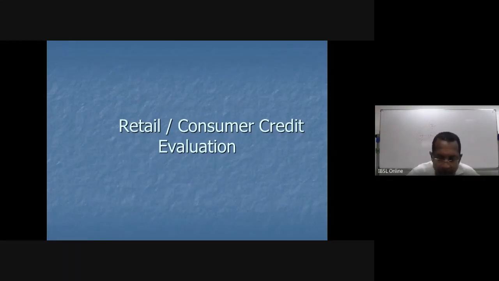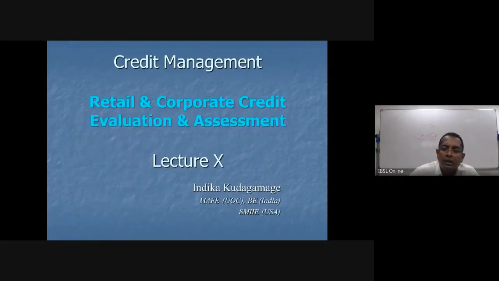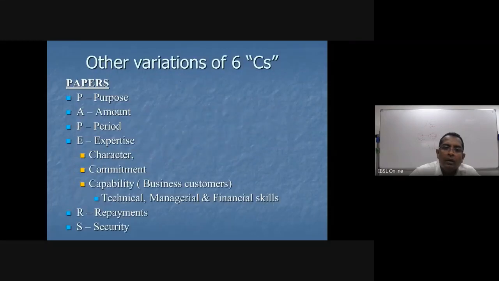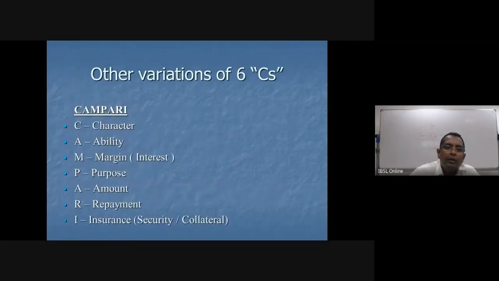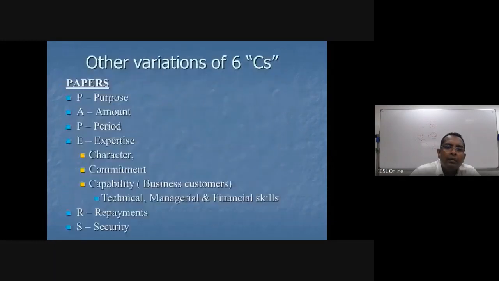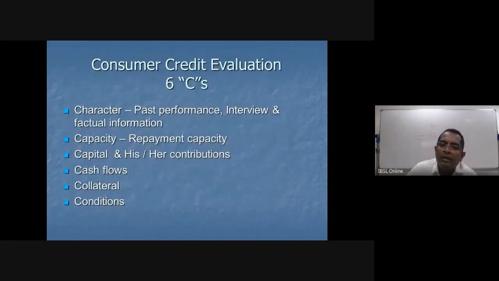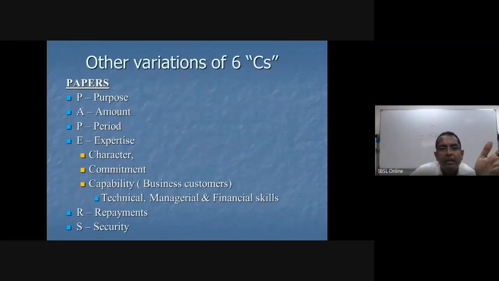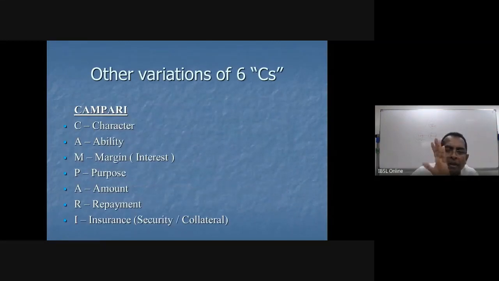Funding, but no new income generation happens with credit. Mainly we look at the 6 C's of credit, then other versions are PAPERS, PASS, and CAMPARI. These are models we use to evaluate consumer credit.